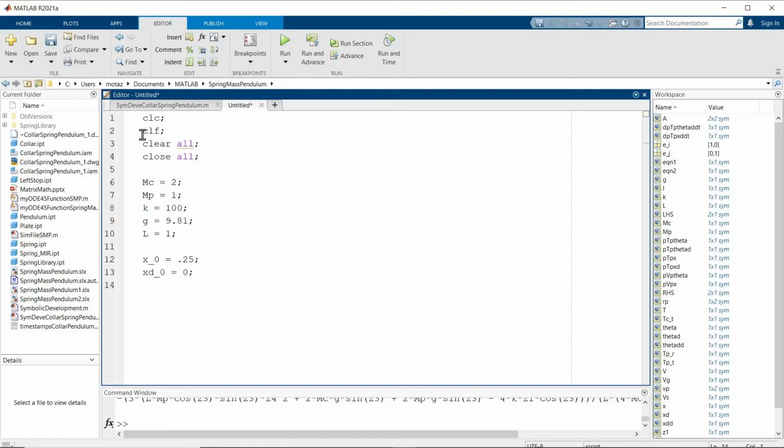It's going to be released from a still point, and theta initial is going to be 45 degrees or pi over 4, and theta dot initial, since it's at rest, is going to be 0. And let's put all those initial values in a row vector just so we can feed them easily into ODE 45. Like this.